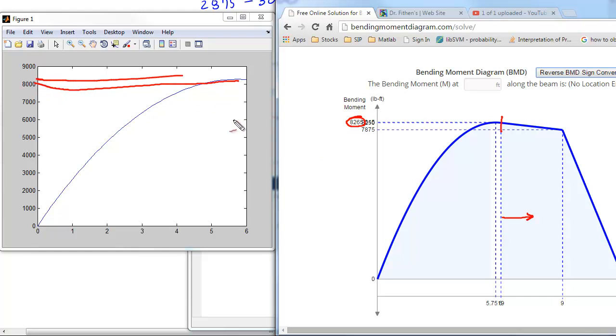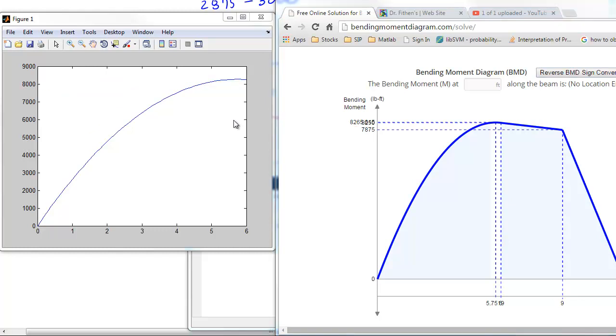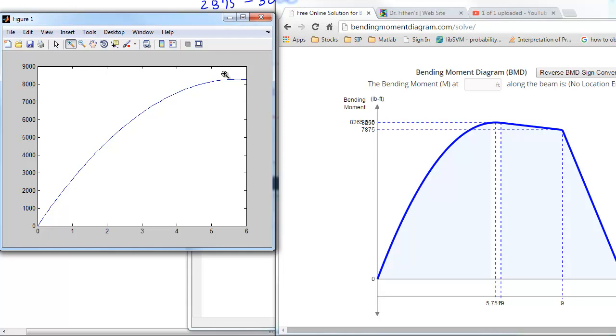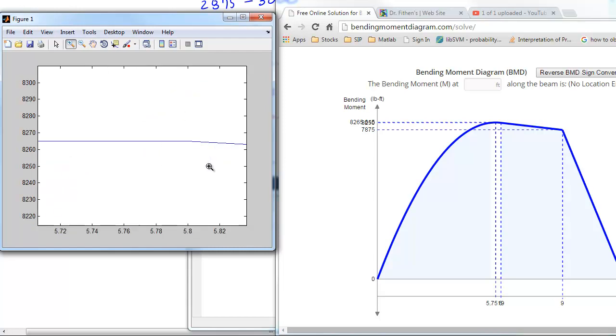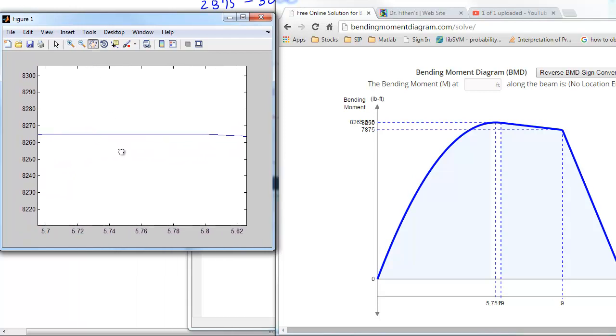If you want to, we can actually, MATLAB has a nice feature here that allows you to just zoom in on what you think the highest value might be, then use the hand to move yourself around. So you can see about 8265, and not too surprisingly, 8265.62.